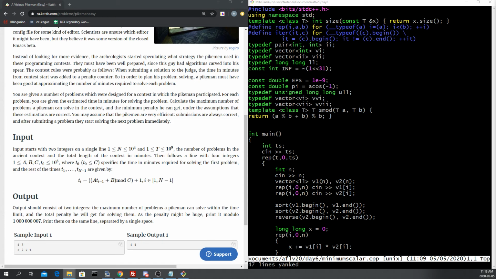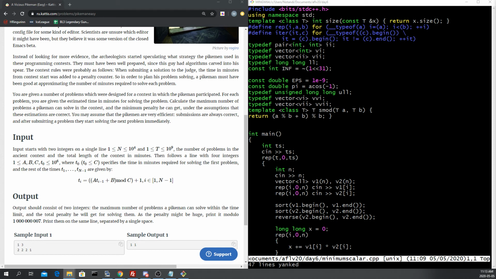Okay. So we have up to 10,000 problems. The contest time can be up to 10 to the power of 9. And then we get 4 integers A, B, C, and T0.